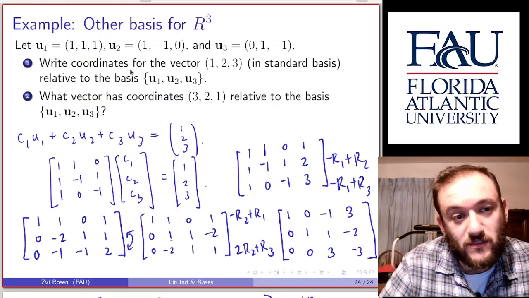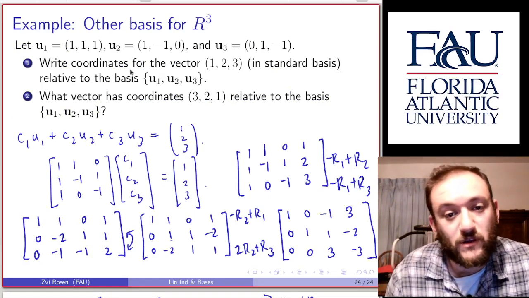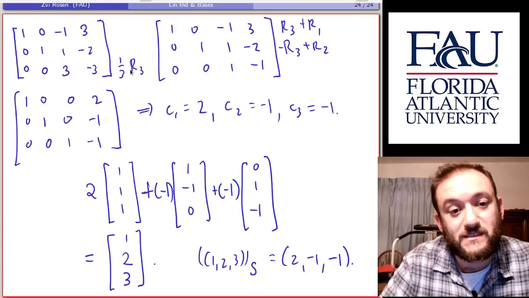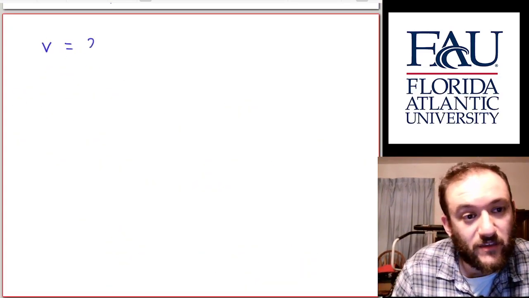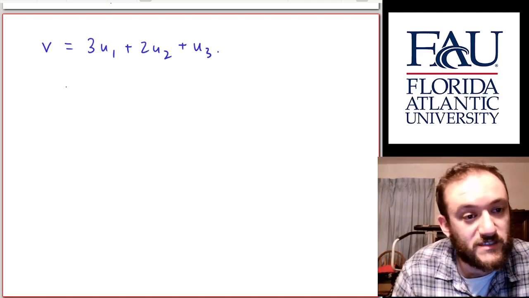As for this second question, what vector has coordinates (3, 2, 1) relative to the basis u1, u2, u3? What that means is we're looking for v, which is given by 3u1 plus 2u2 plus u3, and that's easy enough to do explicitly.